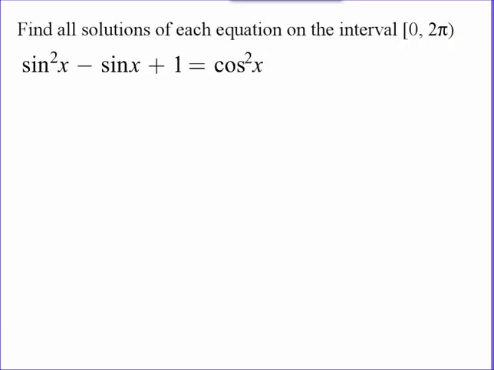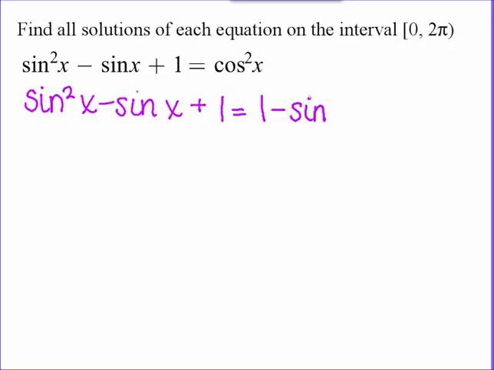What do I know cosine squared is equivalent to? 1 minus sine squared. So I'm going to replace cosine squared with 1 minus sine squared. Remember, that's one of those identities. Now, what happens to your ones?